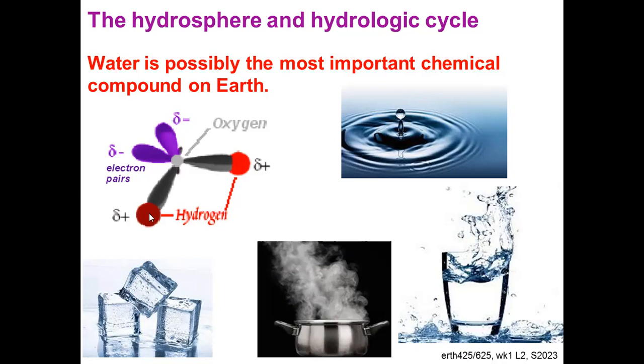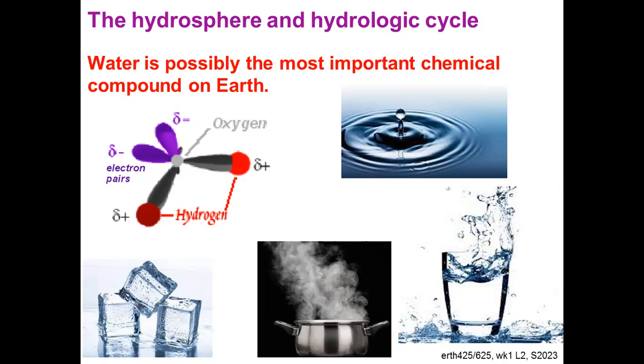And this arrangement gives the molecule a partially negative charge on the side where the unshielded electrons are sitting, and a partial positive charge on the side where the hydrogens are sitting. This makes water a polar solvent. It's also what makes water be a liquid at room temperature, even though it's got a very low molecular weight.